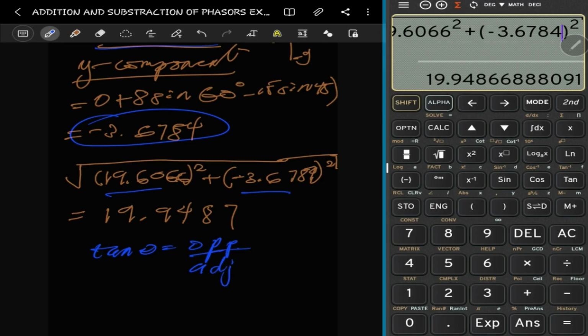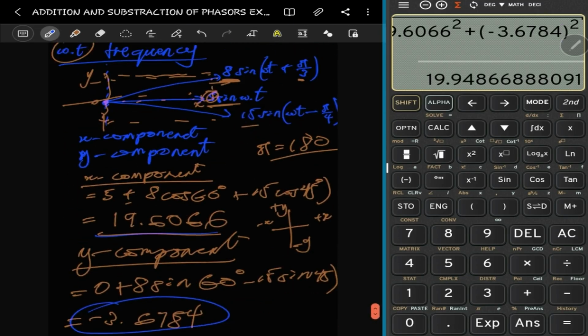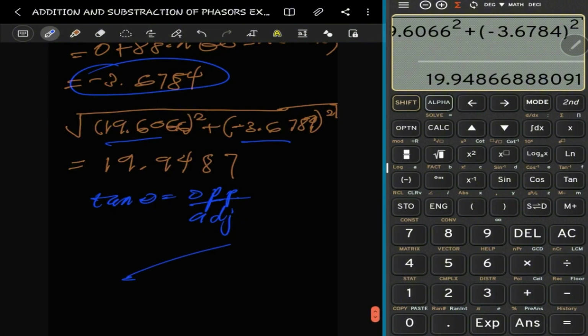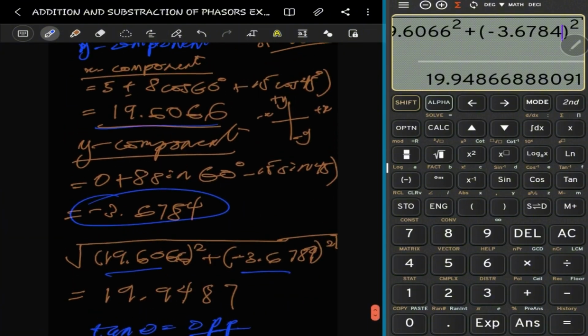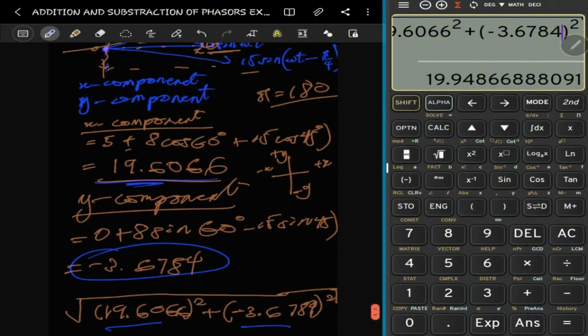Opposite is the y-axis, y, and adjacent is the x. And we know this one here is the y, this one is the x. So there's the x, there's the y.